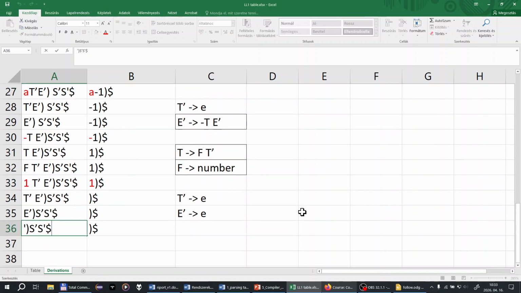Then we have the closing bracket at the beginning, so both are eliminated.